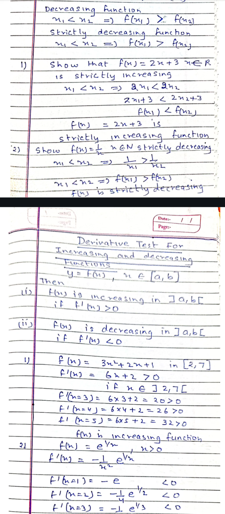So x1 is less than x2 implies f(x1) is greater than f(x2). f(x) is a strictly decreasing function. If we consider it using two values 2 and 3, we know that 2 is less than 3, but 1 upon 2 is more than 1 upon 3. The function is strictly decreasing.